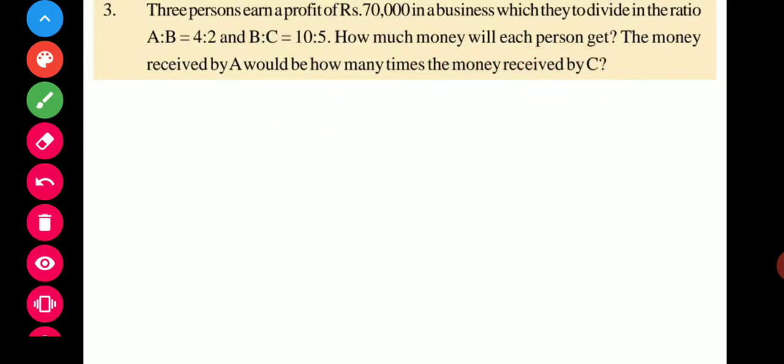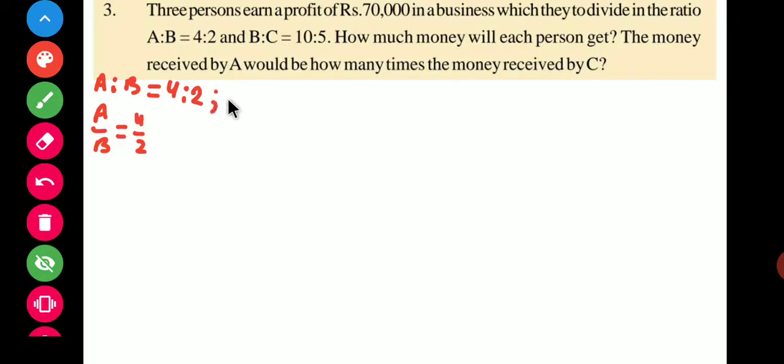First of all, we have to find each person's share. So how can we find this? First of all, you can check here. A:B is given as 4:2, so we can write A upon B is equal to 4 upon 2.